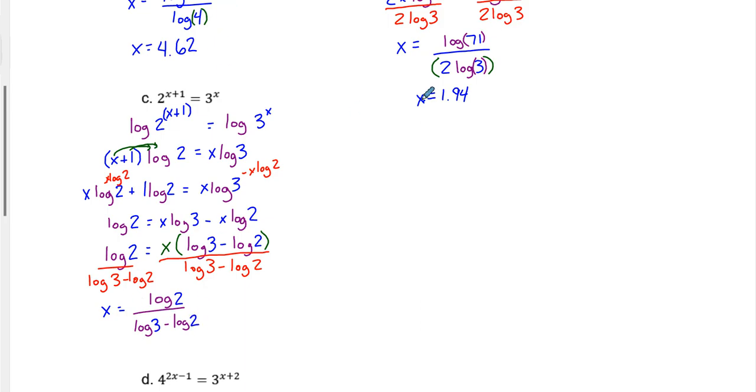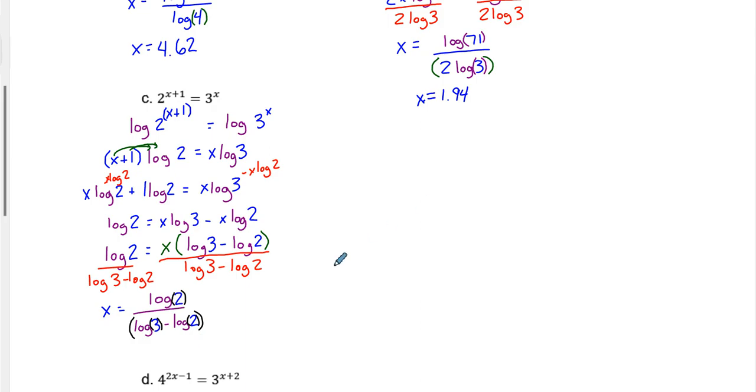Now, just like in B, the more complicated our question gets, the more you're going to have to make sure you put your parentheses. Once again, your calculator may or may not add those parentheses in there. So just be careful. If you're doing these questions along, make sure you're typing them in.